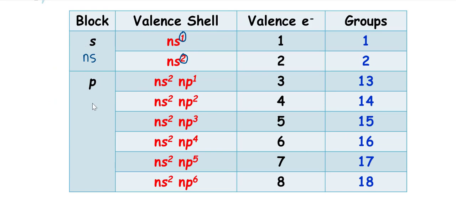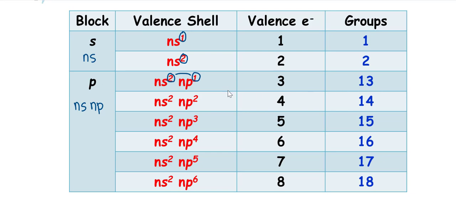For p block, the valence shell, we are going to look at the ns and np. If the valence shell is ns2 np1, we have 2 plus 1 equals 3 valence electrons. The elements that have this valence shell are in group 13.